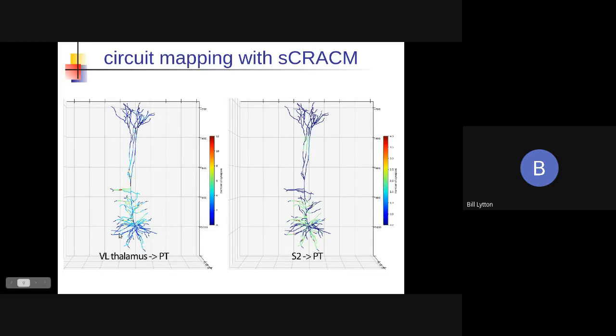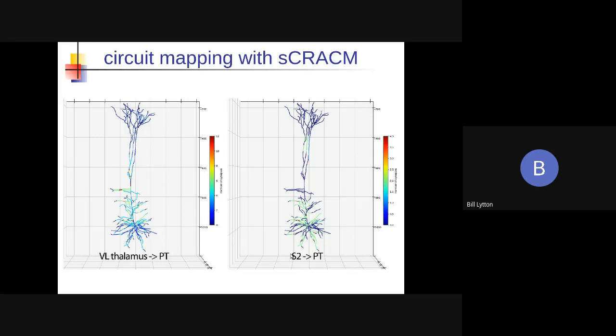And we can then compare, well, how is this projection onto the cell from ventrolateral thalamus compare to the projection on the same type of cell, not the same individual cell, because it has to be a separate experiment with injection of channelrhodopsin in S2 now instead of VL thalamus. So it may just be differences between individual cells that we're seeing until we get a very large N. And that's difficult to get, as you can imagine.